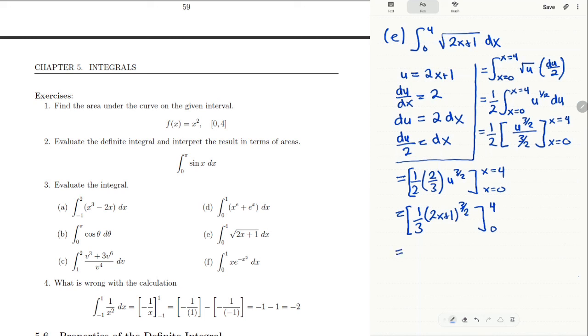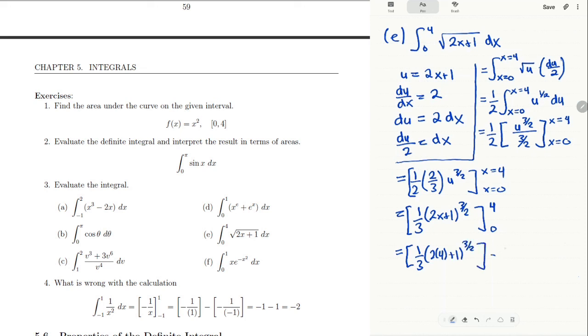So here we don't need to write that these are x limits of integration since we substituted back the original variable. So now we'll let x be equal to 4. So we have 1/3 times 2 times 4 plus 1 to the 3/2.